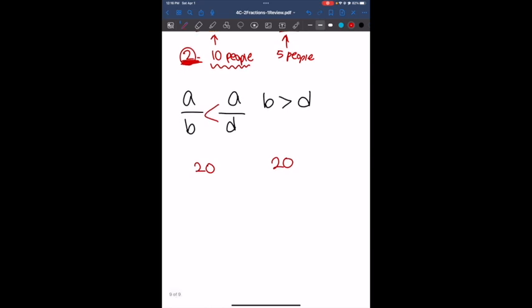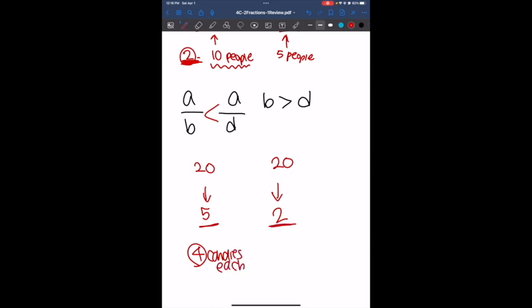But I want to give it to 5 people in one case, and to 2 people in the other. These are the numbers we're dividing by, so these are the denominators. 20 divided by 5 is 4, so each person receives 4 candies.